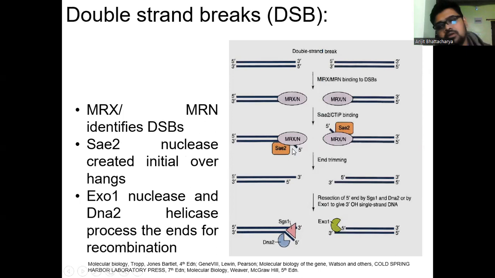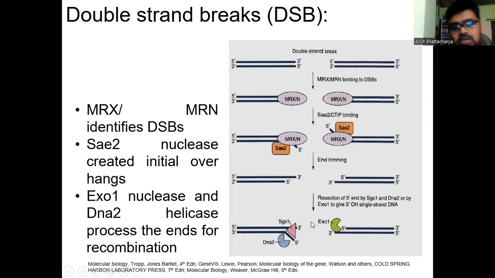Then some endonuclease like Sae2 can join these MRX complexes and mediate end trimming, so they can produce these 3' overhangs.